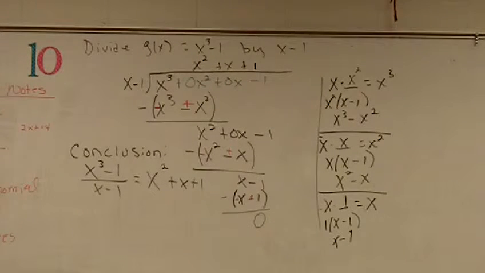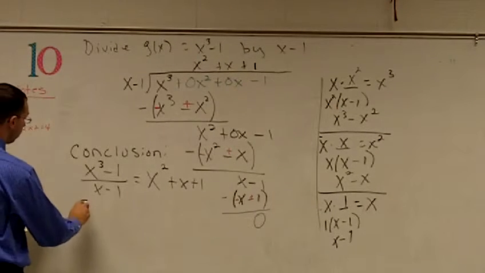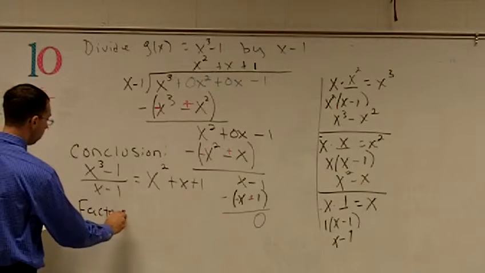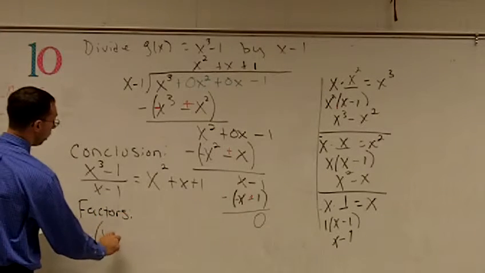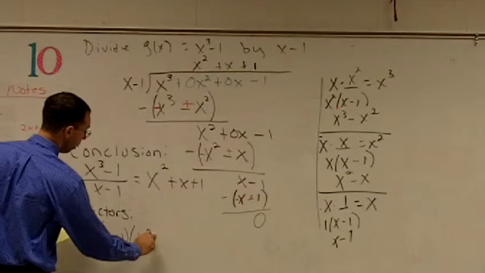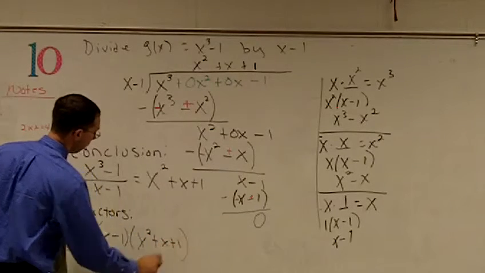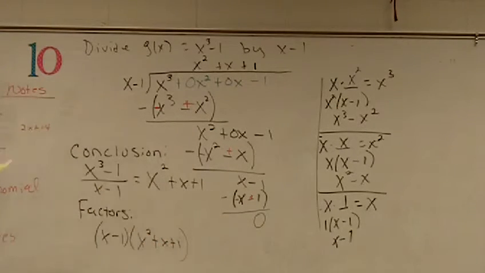By the way, the x squared plus x plus 1 doesn't factor. So if you were writing the factors, you would simply write it as this: x minus 1, x squared plus x plus 1. Those are the factors for x cubed minus 1.